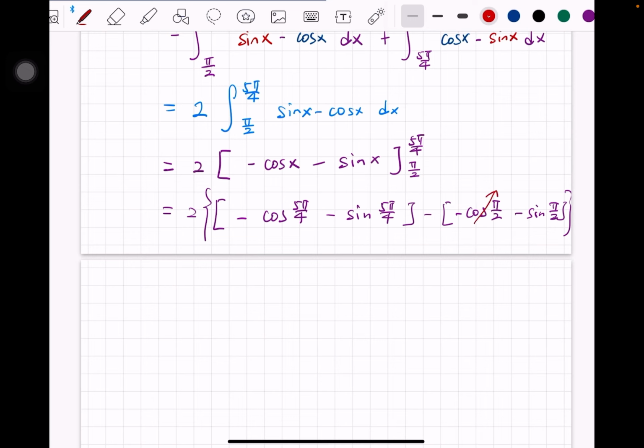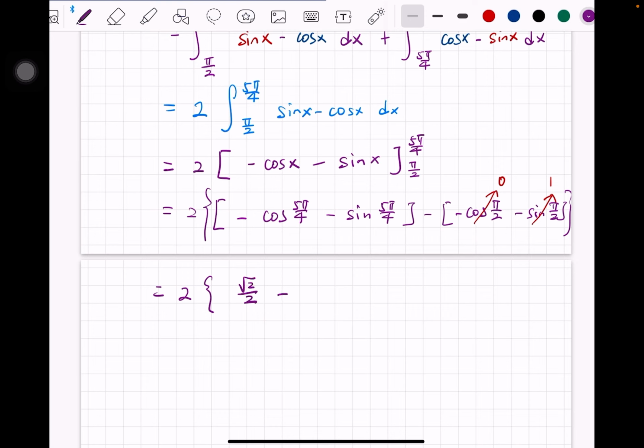Where cosine of pi over 2 is going to be 0, and sine of pi over 2 is going to equal 1. And we already calculated that cosine of 5 pi over 4 is going to be negative square root 2 over 2.